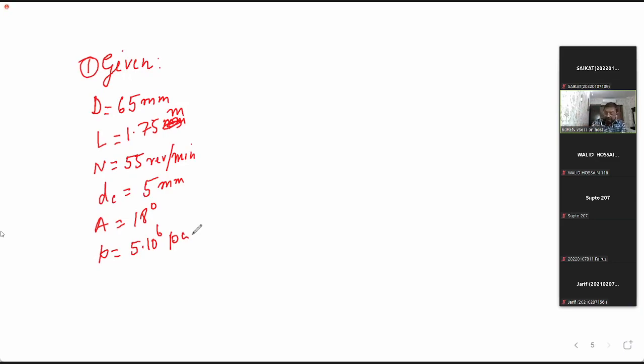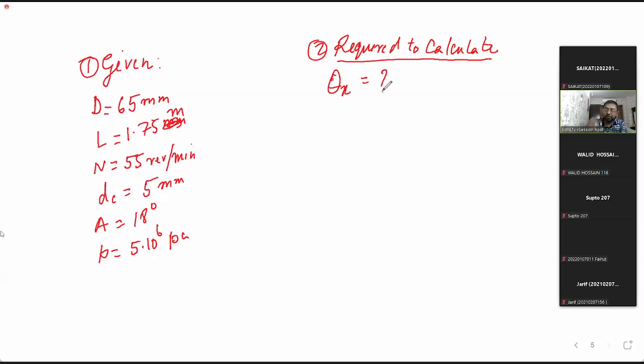Now it is given. The second thing I shall tell you is what is required to calculate. We have to calculate the value of flow, that means Q. So these two give us the information of what is given in your problem.